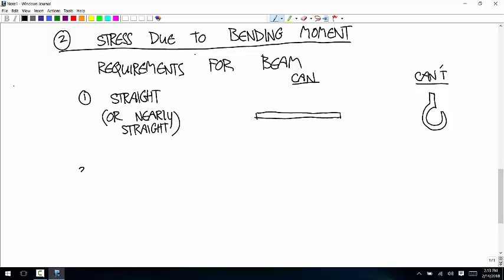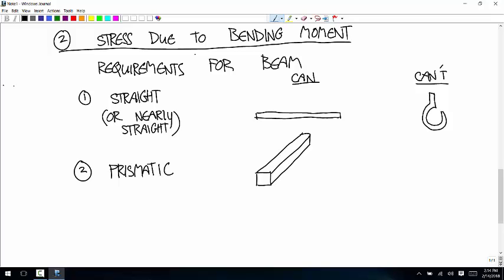The second assumption is that it's prismatic. If we're looking down the long axis of the beam, that's what a prismatic beam looks like.